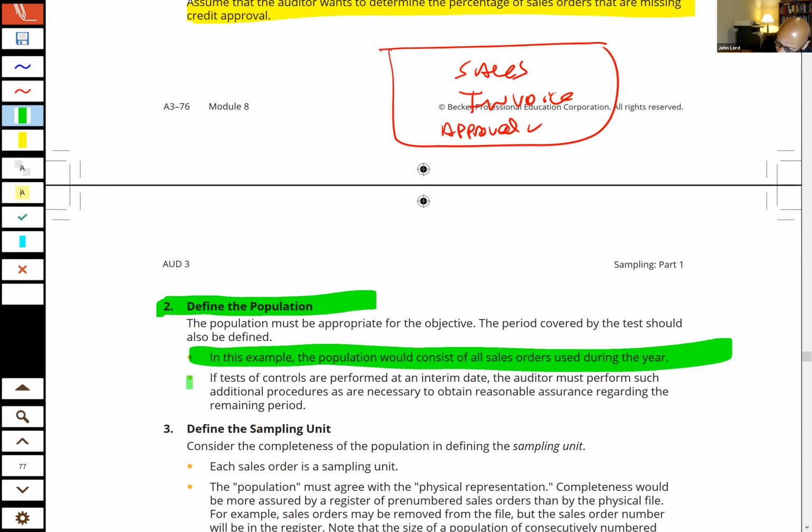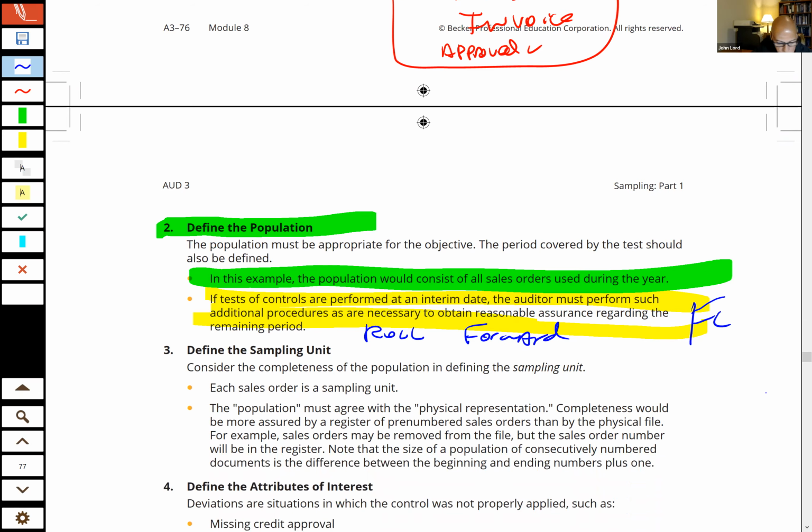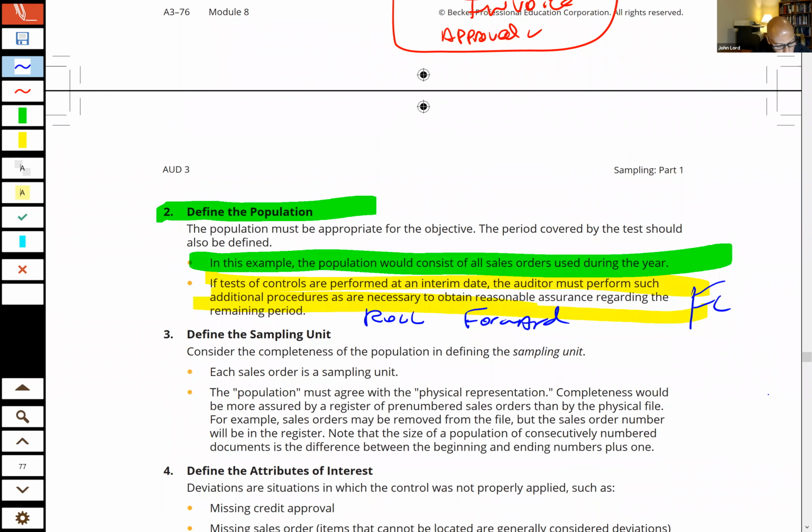And if the tests are performed at an interim date, don't forget you have to do some sort of roll forward. So you might take a smaller sample for the back end of the year, but always remember you have to roll forward. Okay, good. So go ahead and flashcard that. If the testing's done in the interim, you always have to remember to do some sort of roll forward.